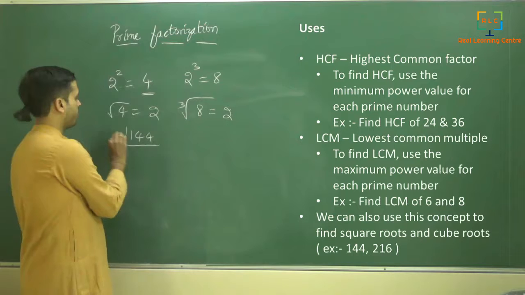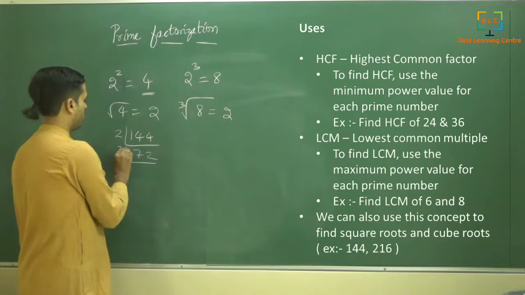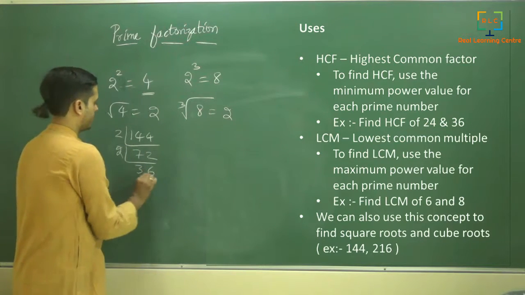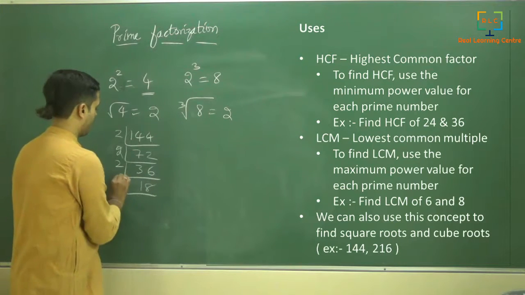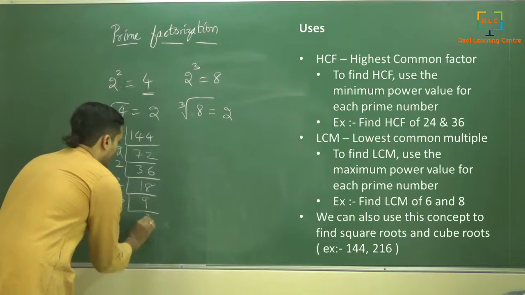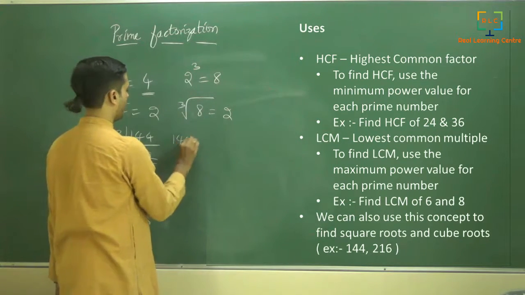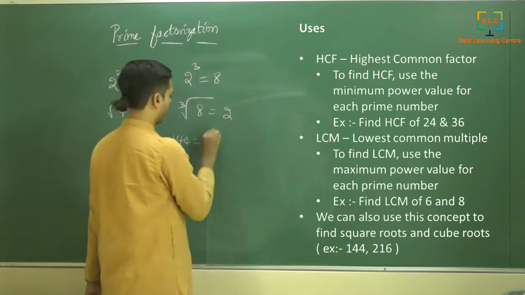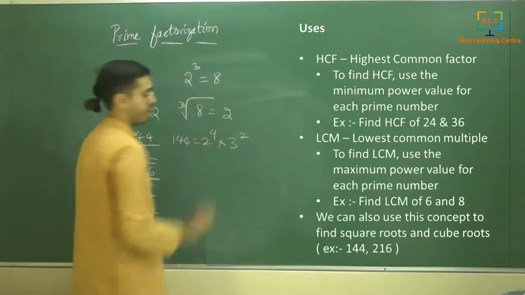Now we start finding prime factors of this. 144 divided by 2 is 72, then 2, 36, then 2, 18, then 2, 9, and finally 3, 3. So we can write 144 as 2 power 4 into 3 square.